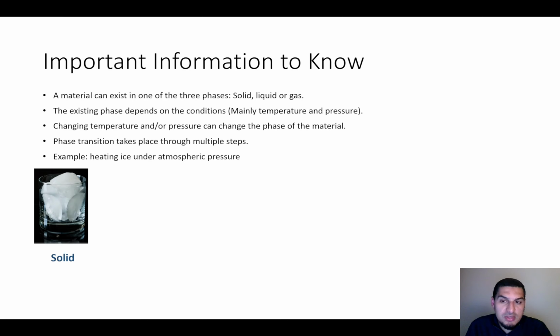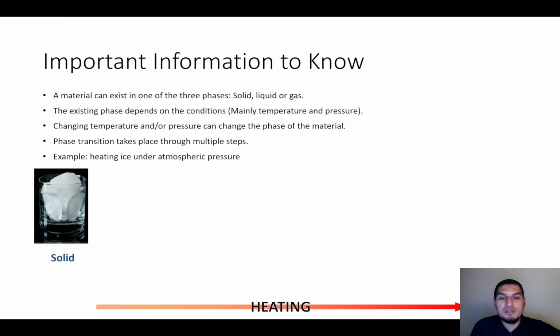So you have solid ice, and it needs to be heated until it reaches water vapor. It actually happens through many steps. The first step is to heat the solid, at negative 10, negative 20, whatever the temperature is below zero, until it reaches 0 degrees Celsius.